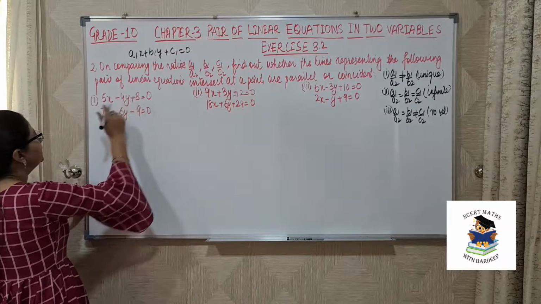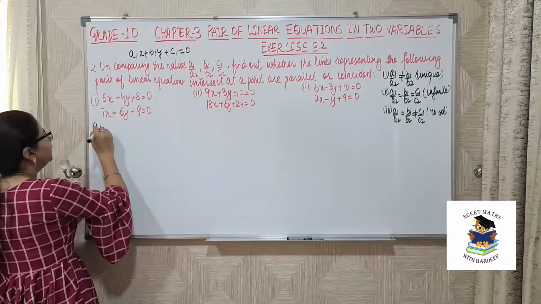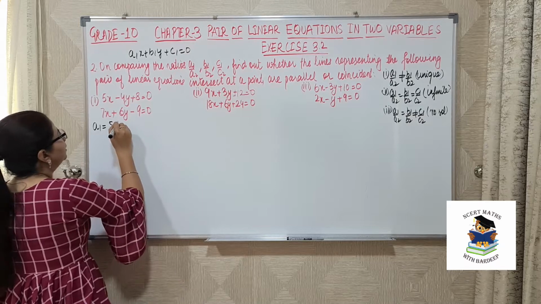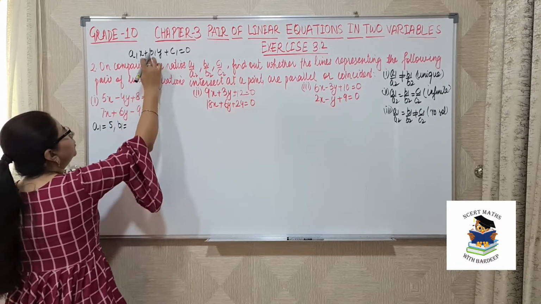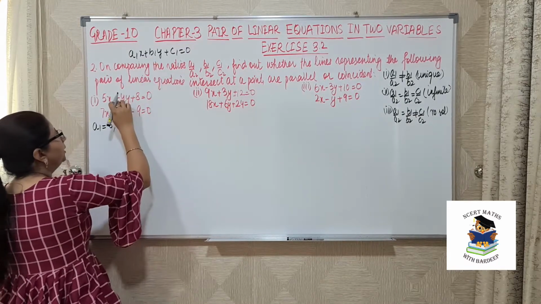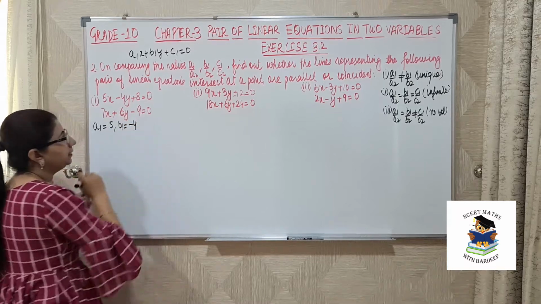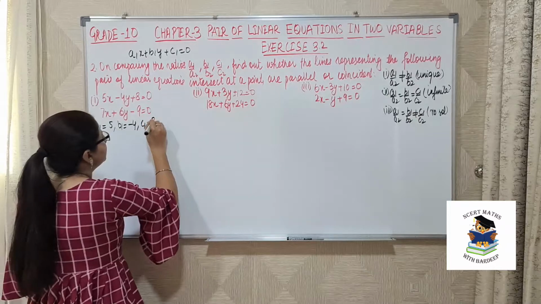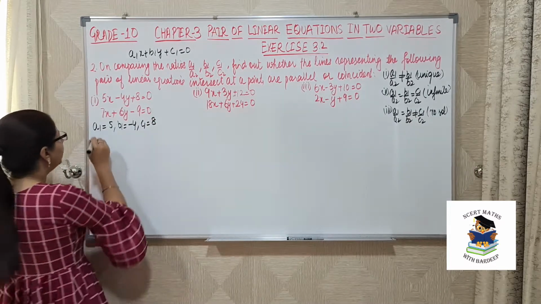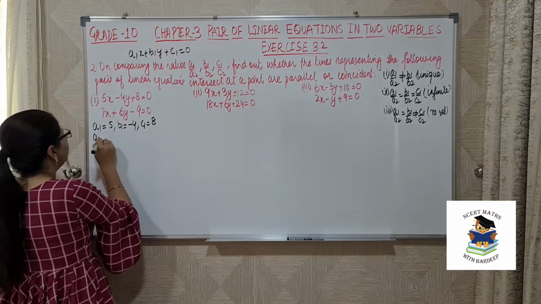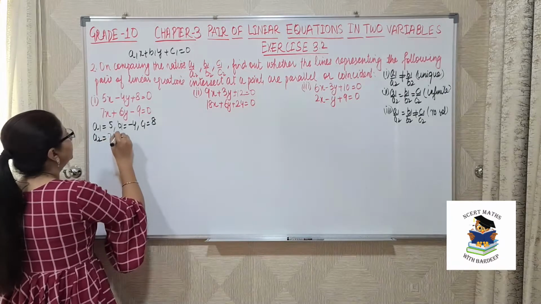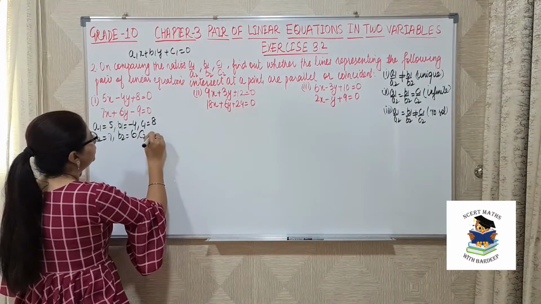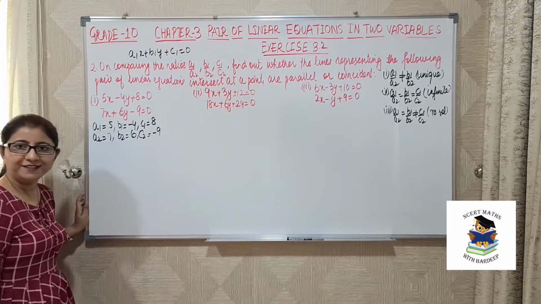So according to this, a1 is 5 in this case, b1, in the format it is plus, here we have minus, so we will take that minus along with the coefficient, and c1 is 8. Similarly a2 is equal to 7, b2 is equal to 6 and c2 is equal to minus 9.